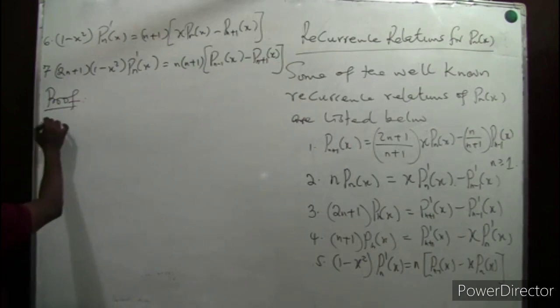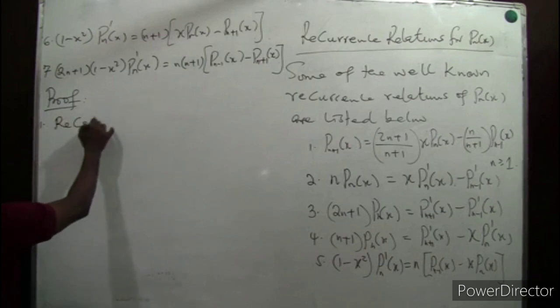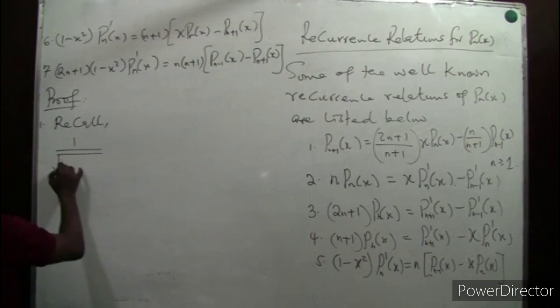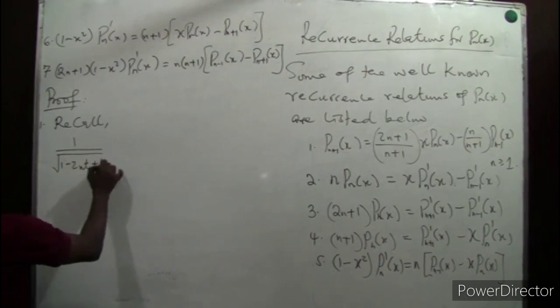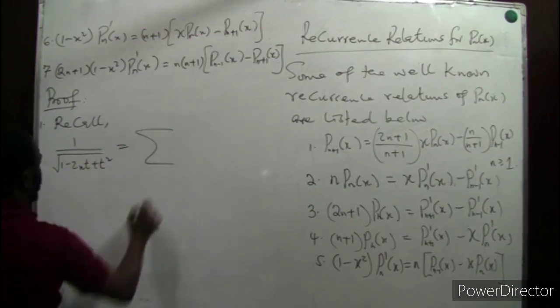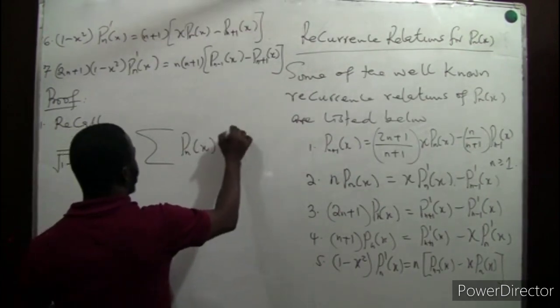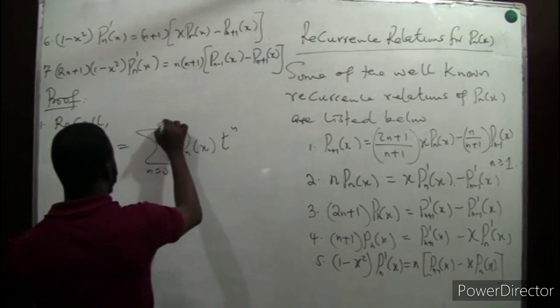For the first one, let us recall our generating function: 1 divided by the square root of 1 minus 2xt plus t squared equals the summation of Pn of x t raised to power n from 0 to infinity.